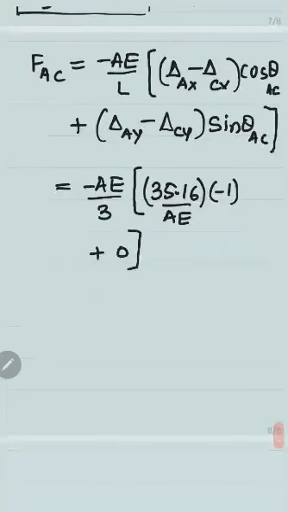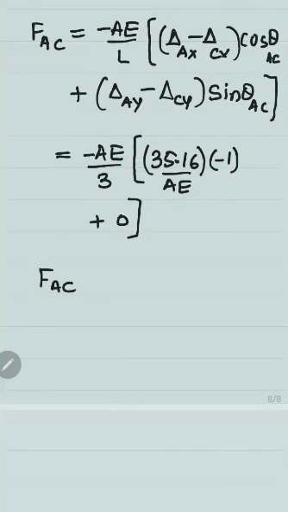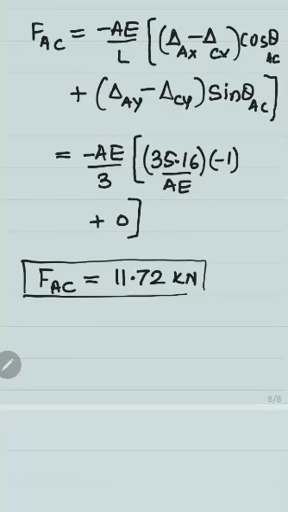So you will get FAC as 11.72, positive, and this will be tension, right?